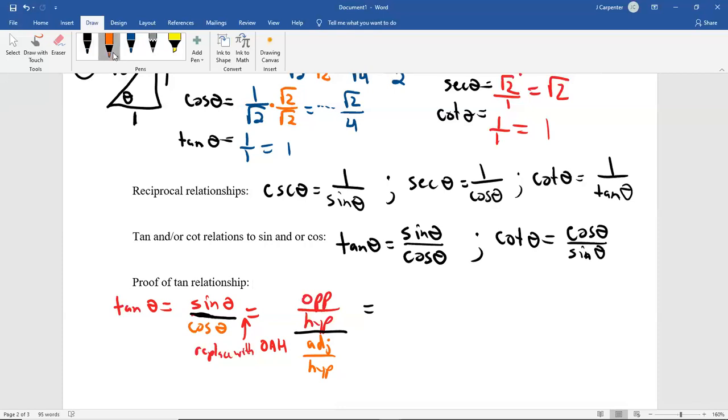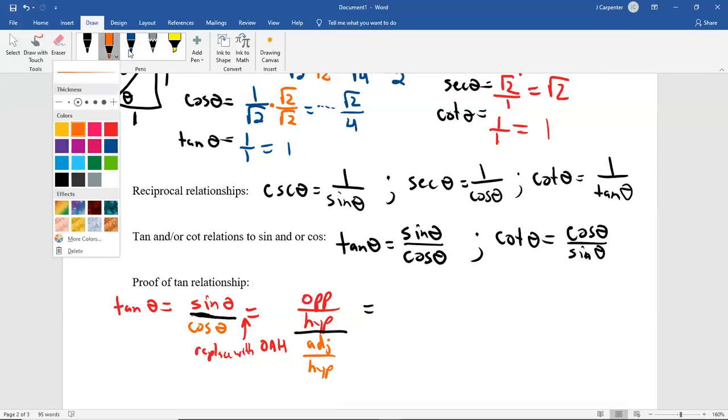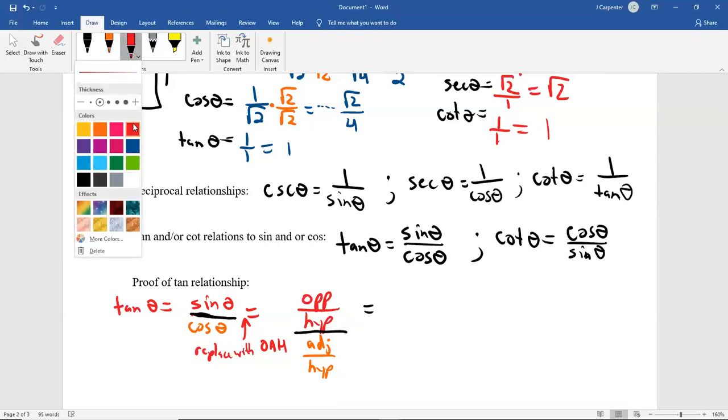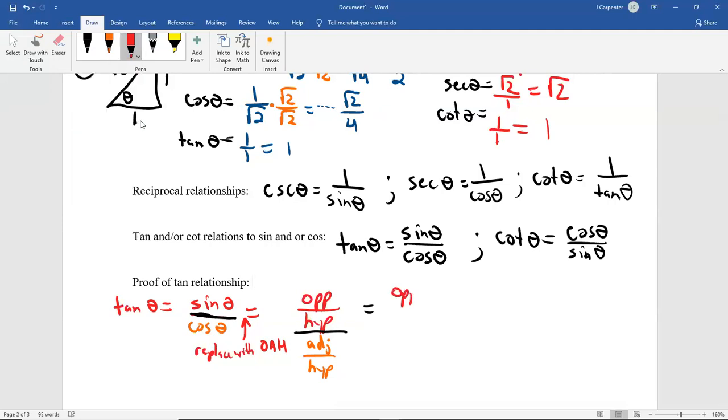So with red, let's put red here. So the red, the opposite over the hypotenuse. And instead of the black ink being a division bar as a fraction, let's make it the division symbol. And then we have our orange ink, adjacent divided by hypotenuse. The only thing I've changed was I turned this right here into this.